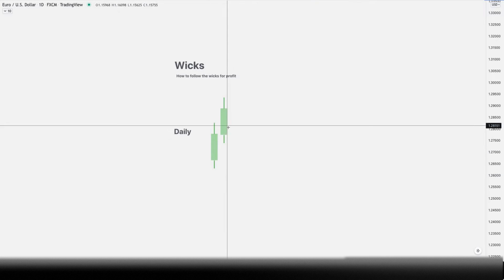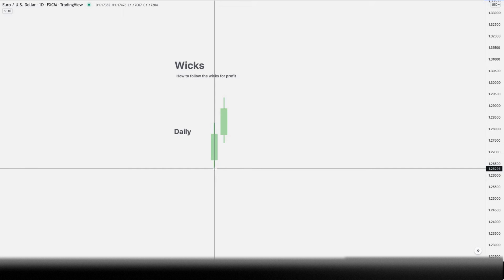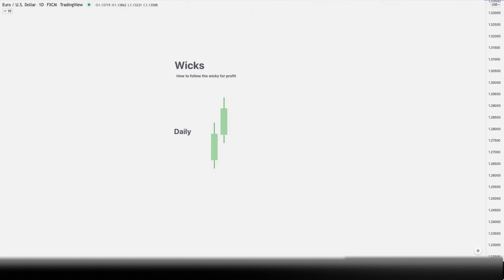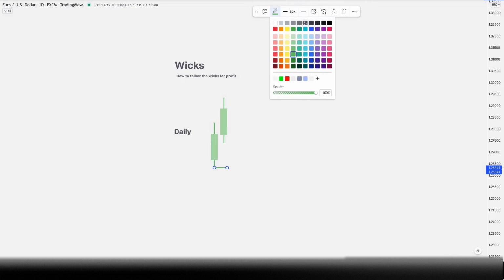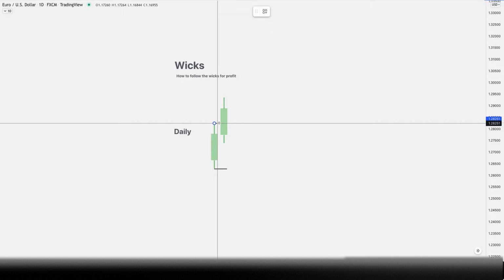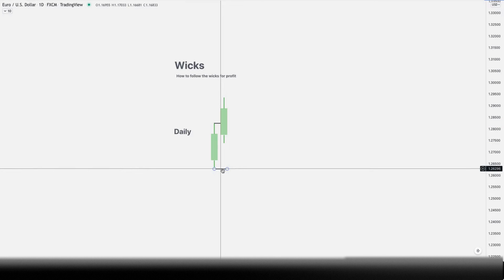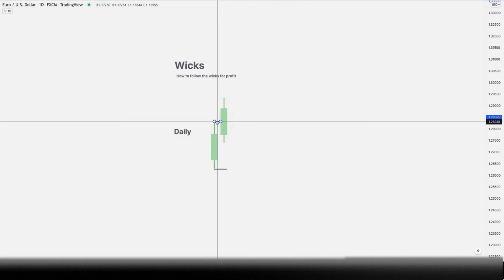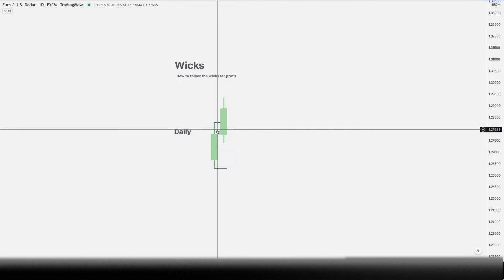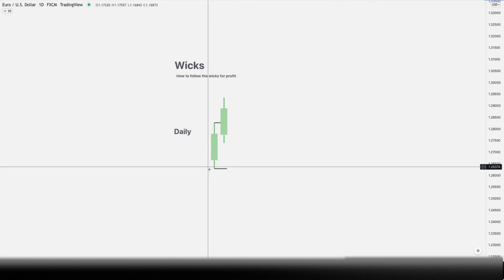Inside of this price action, this wick represents the daily low, and then this wick is the high. So we're marking the daily low and daily high as your trading range for this day.